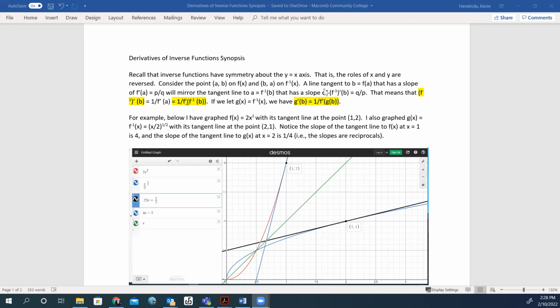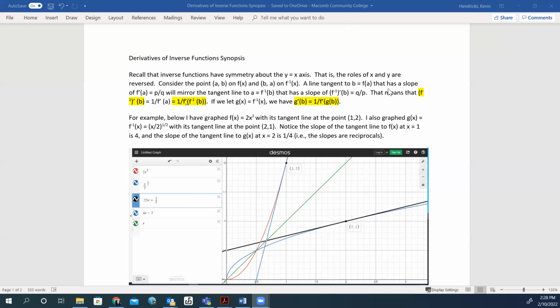Now, what if I were to draw a line tangent to f of x at some given point? In the generic sense, if I'm looking at AB on f of x, then f of A would be B. So in this example, A would be 1, B would be 2.